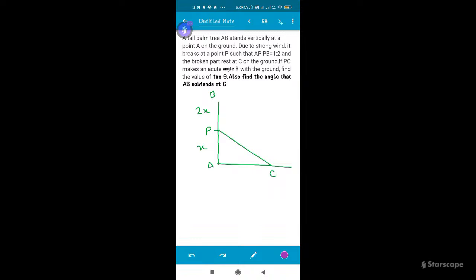If PC makes an acute angle of theta with the ground, this is that angle they are talking about. So PC is making an angle theta with the ground. You have to find the value of tan theta, and also you have to find the angle that AB subtends at C. That means you have to find the angle BCA or ACB. This angle you have to find, this entire angle. Okay, so this is our question.